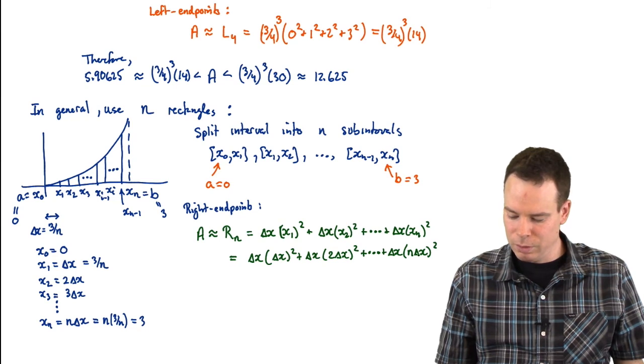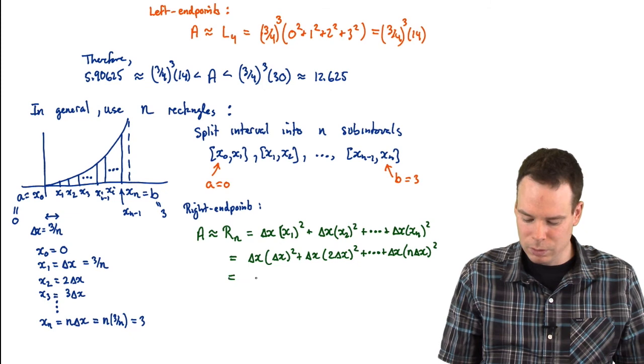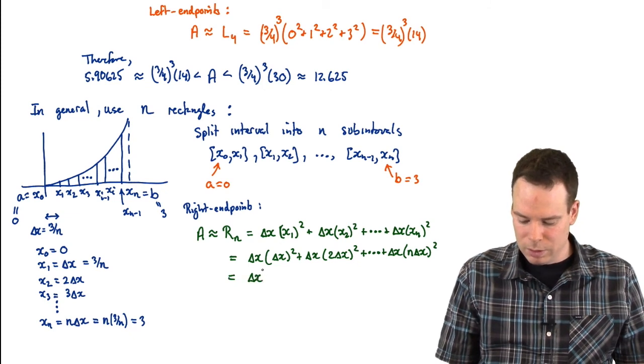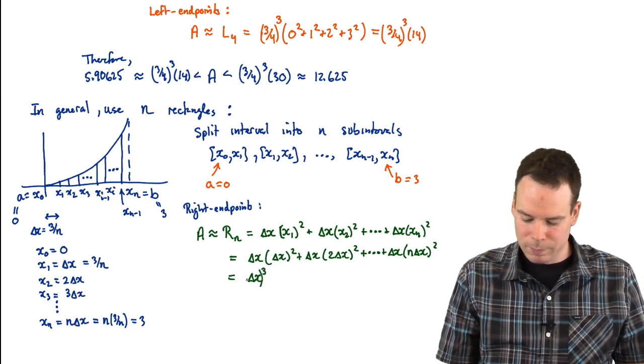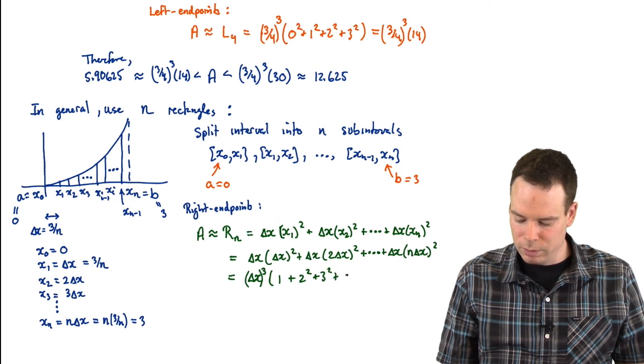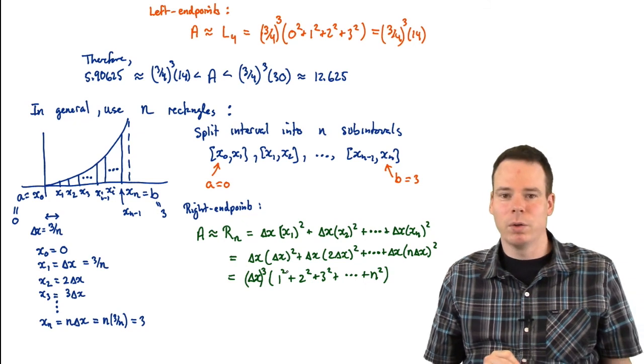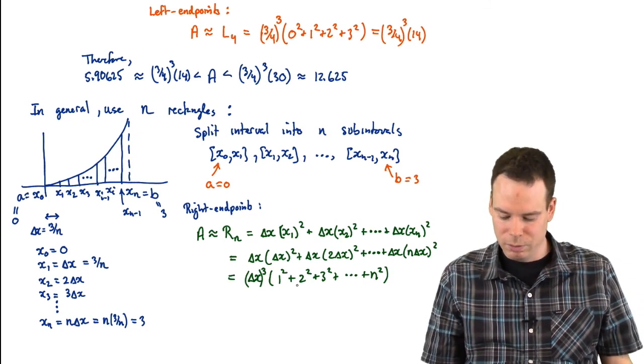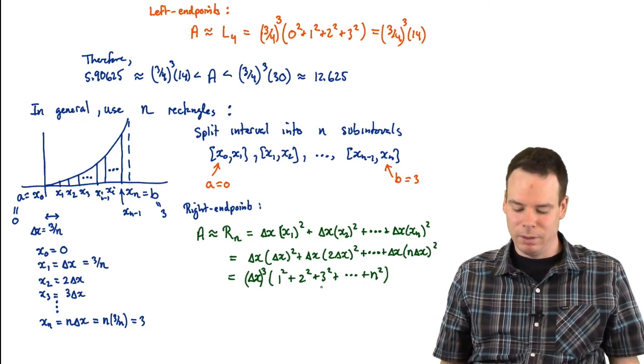In each term, there's one of them being squared and another one by itself, so each term contains a delta x cubed in it. And when I factor those out, I'm left with a 1 plus a 2 squared plus a 3 squared plus all the way up to n squared. And I'm going to throw a square on the 1 because it doesn't change the value. It's still 1 squared, and now I see a pattern.